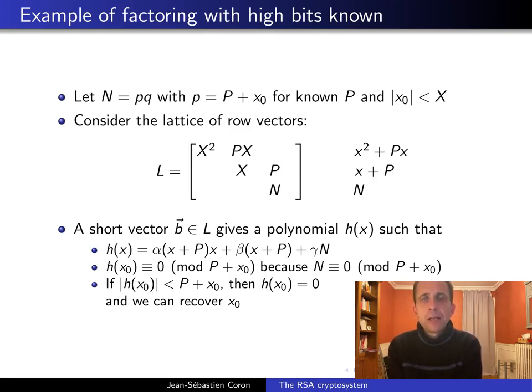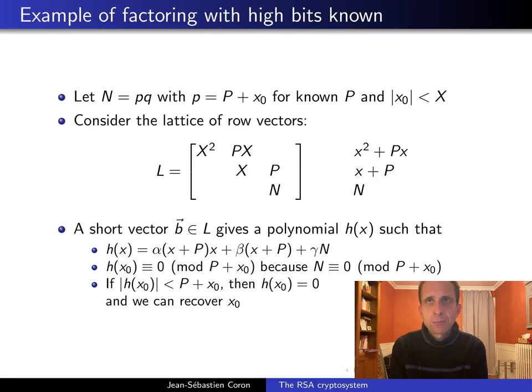As previously, we are going to build the lattice of row vectors, which are the vectors of coefficients of polynomials. We have seen previously that we have two polynomials which have x0 as a root modulo x0 plus P, and these two polynomials are the second row and the third row of the matrix.